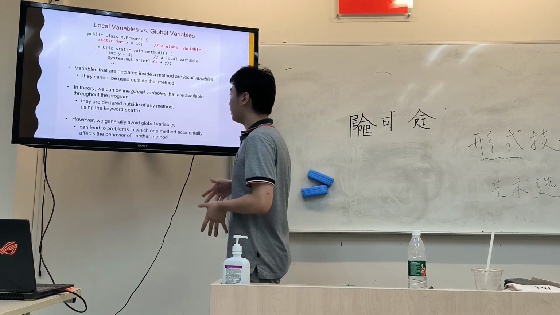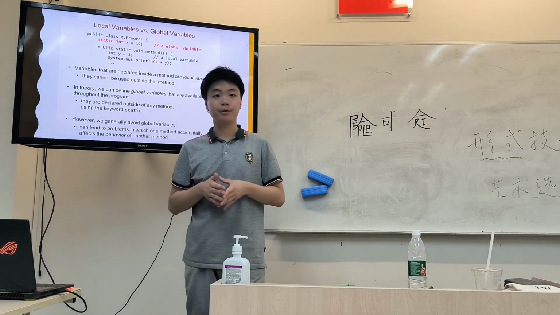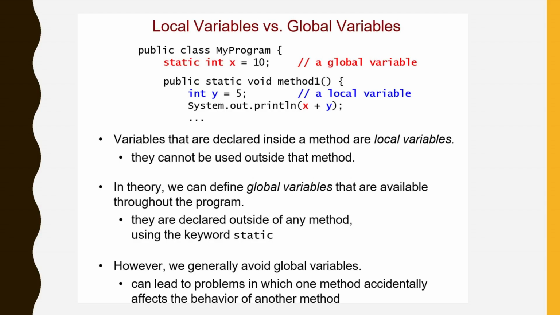And in theory, we can define global variables that are available throughout the program. These global variables are usually declared outside of any method, and usually we use the keyword static to tell Java that it is a global variable.